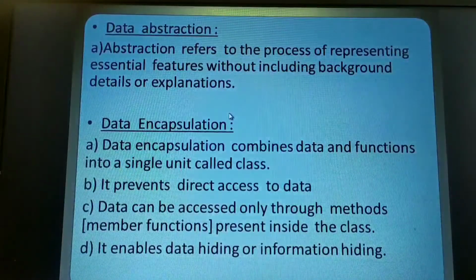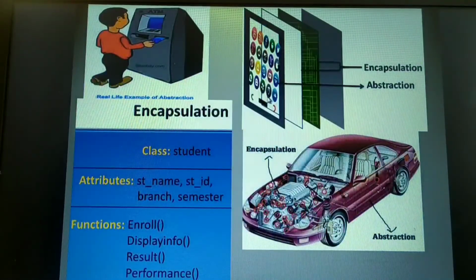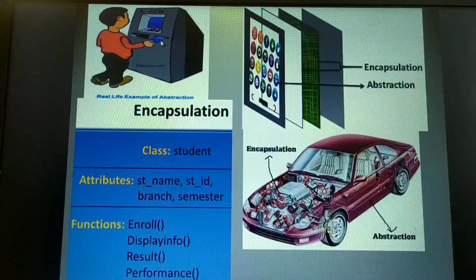Moving on to the next topic, that is data abstraction. Data abstraction actually refers to the process of representing the essential features without including any kind of background details or explanation. For example, I'll explain data abstraction with an example. Think of the ATM card machine.